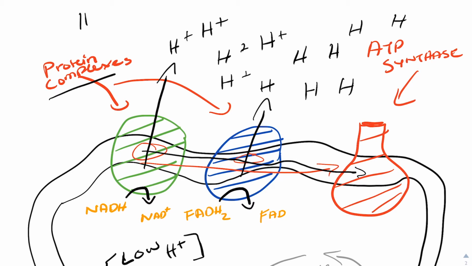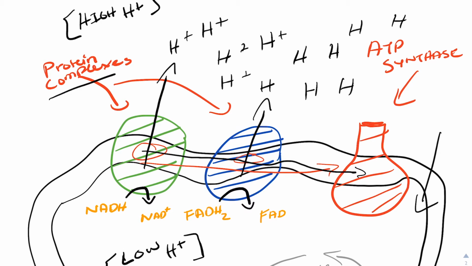There's a high concentration of hydrogen outside of the cell. So this means that once we get a passageway to open for the hydrogens to move back into the cell, it's going to be a rush of hydrogens back in. And you can actually take advantage of this gradient, if you will.